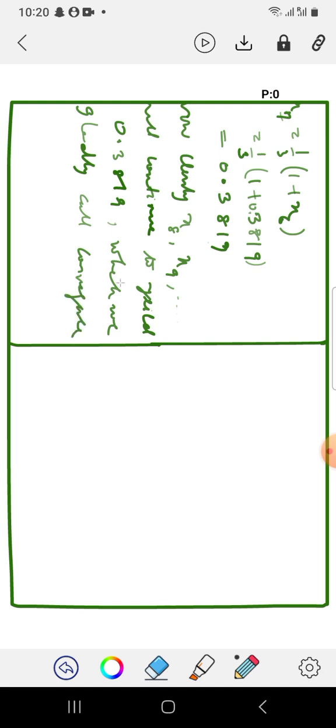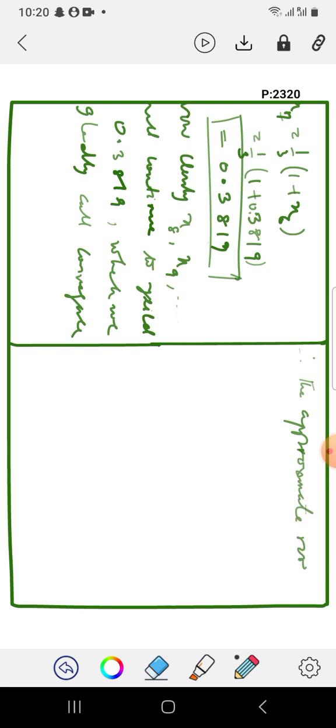Now let's test it. This is what the scheme is telling us the root is going to be. That is, therefore, the approximate root of f of x equals x squared minus 3x plus 1 equals 0 is 0.3819.